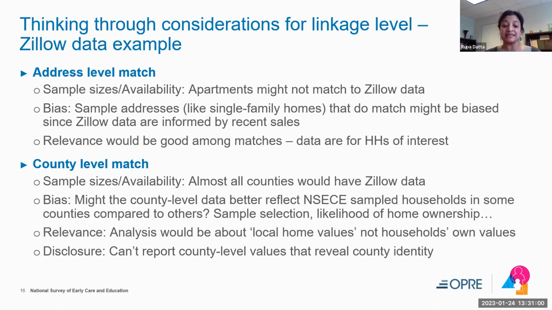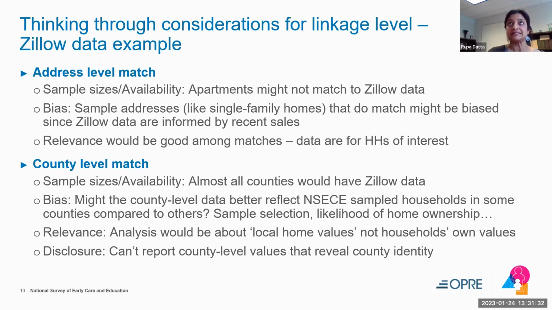We could do something similar in thinking about a county level match, where now we would be aggregating up all of the Zillow data in a county, creating, say, an average or a median housing value for the county, and then linking that value to every household in the NSECE data.